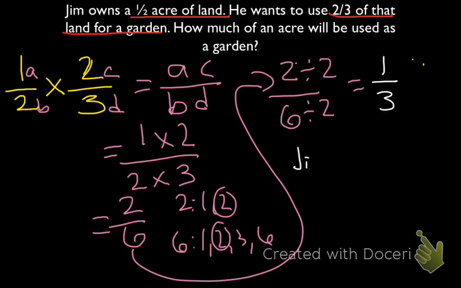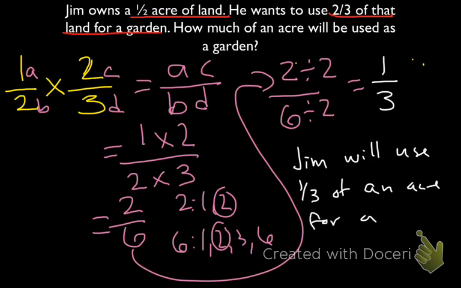So Jim, using our answer in a complete sentence, Jim will use 1/3 of an acre for a garden.